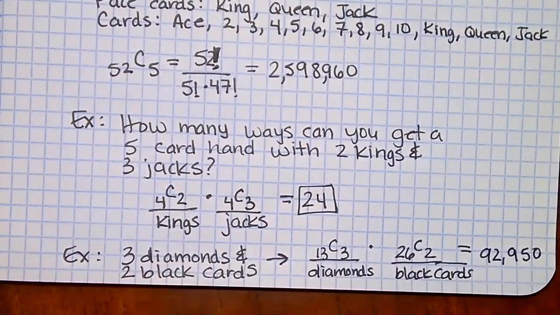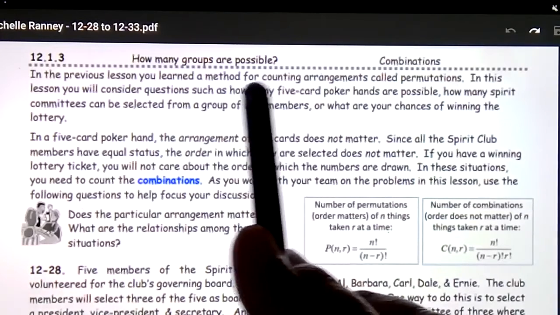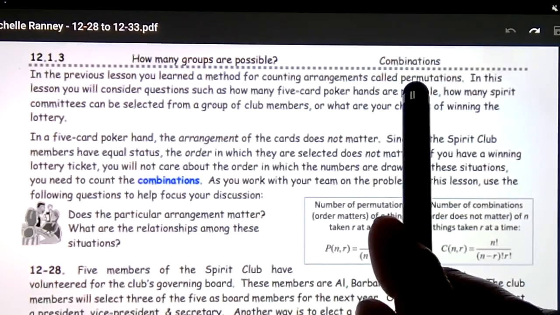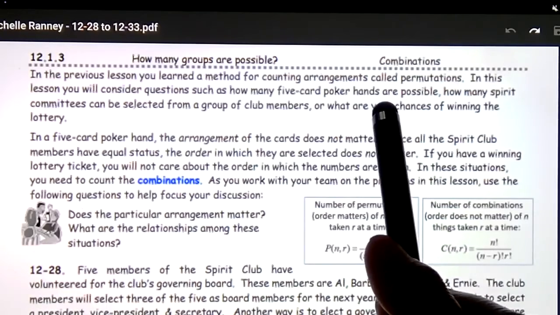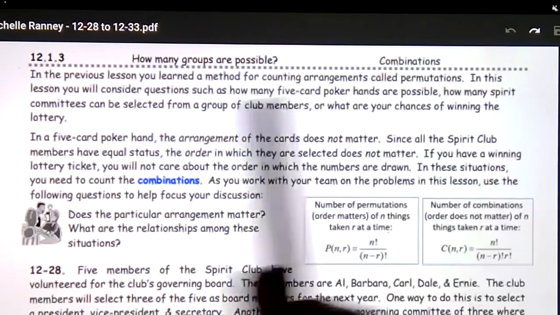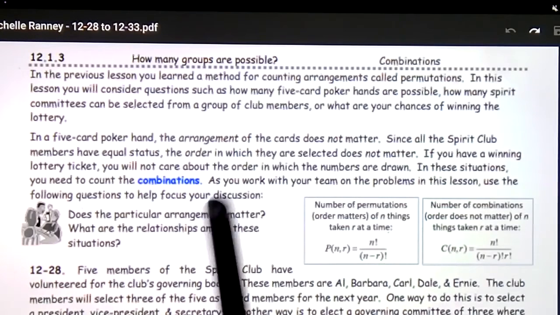So now I'm going to go over the worksheet, 12-28 to 12-33. So this is 12-28. And at the top, they're talking about how the other day when we were doing permutations, order matters, and repeats were not allowed. And in this situation, we're dealing with a new idea, combinations.